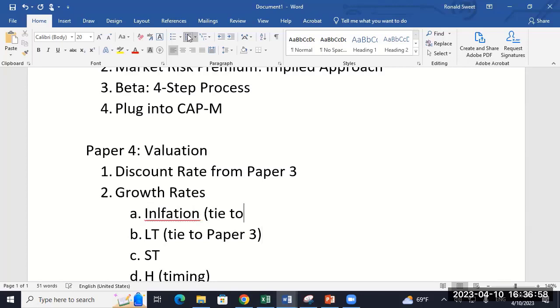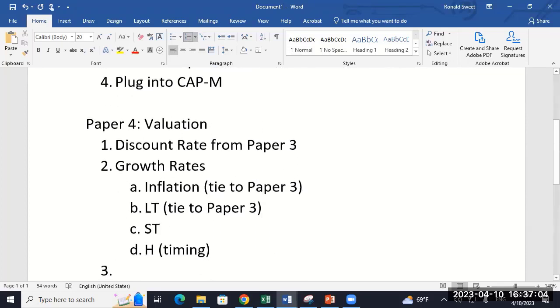So some of the data you need, you want it to be consistent with paper 3, but you still need to mention it again. You can use the exact same inflation rate in 3 and 4. You should still say, as discussed above, and determining a discount rate, my inflation rate is 2%. So restate it again, just in case someone might think you have a different rate between the two.